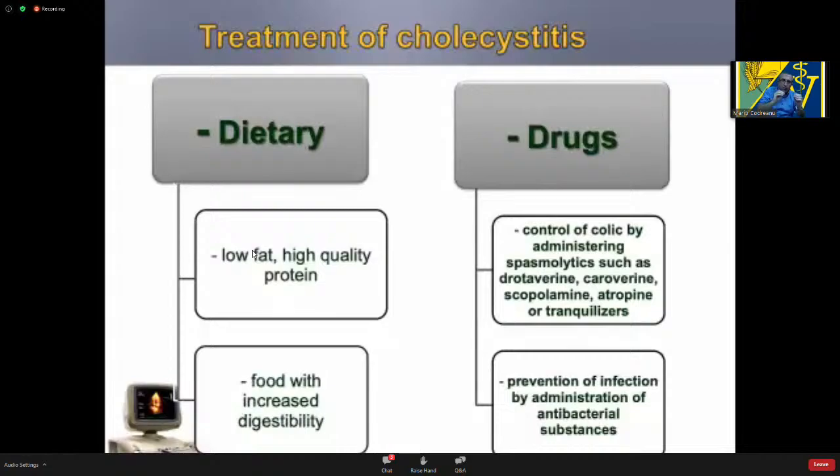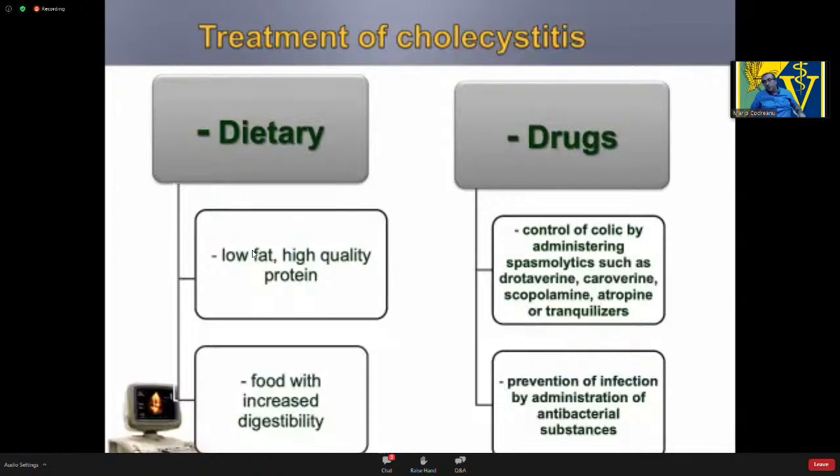It's important to recommend to our patient a low-fat diet with a high quality protein content, and because of the changes of intestinal function, food with increased digestibility.